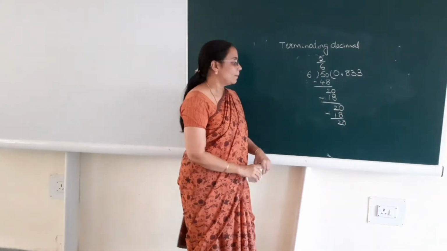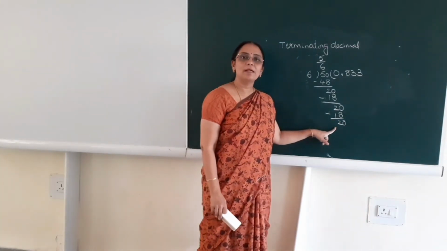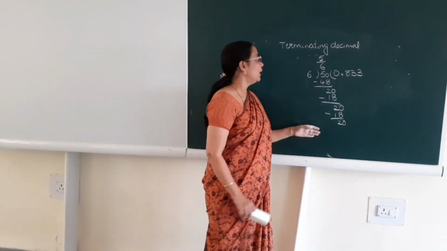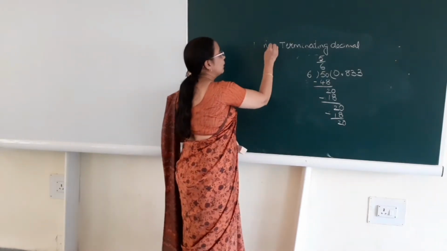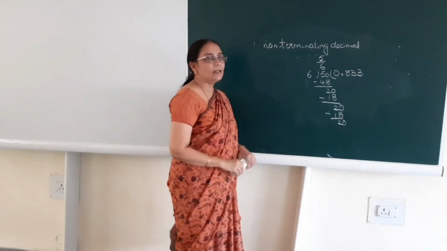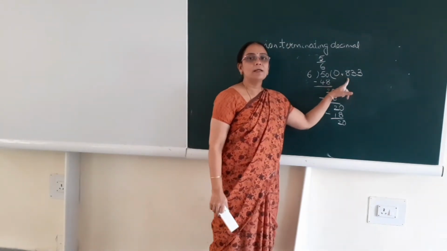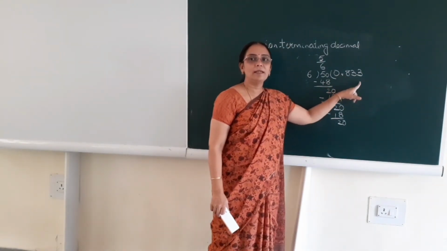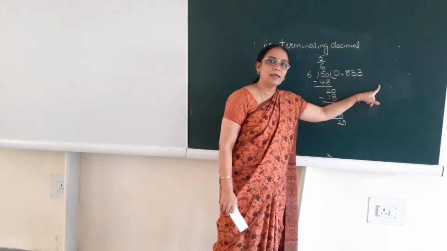What is happening? The remainder is never becoming 0. When the remainder never becomes 0, this will become a non-terminating decimal. It is 0.8, 3, 3, 3, 3, 3, 3, 3 and so on.